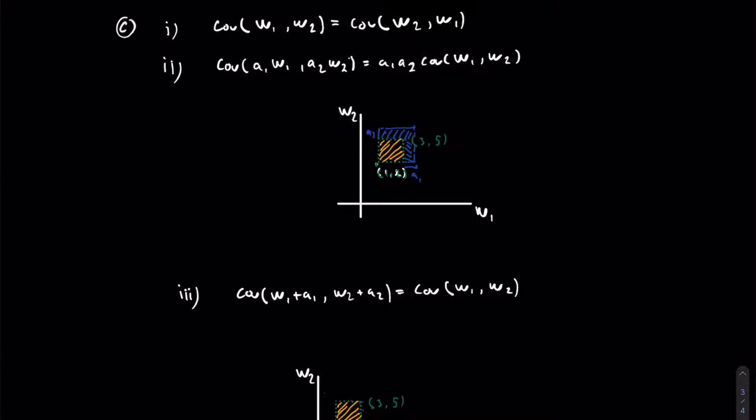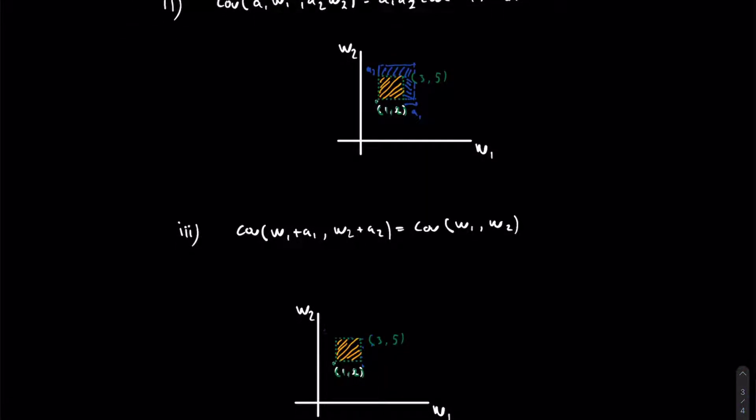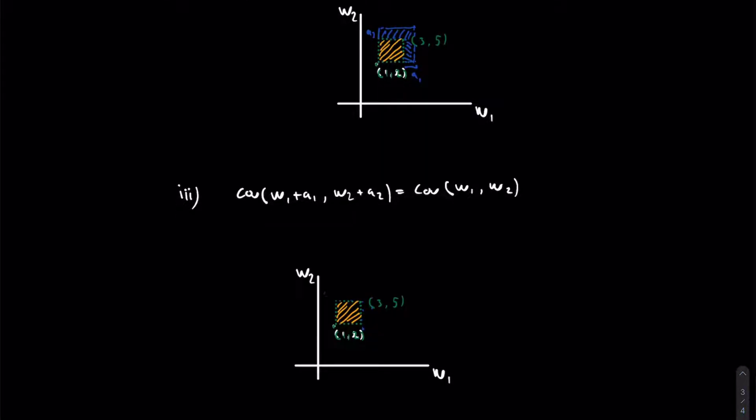I think that's important to say. We're saying that A is a scalar, so if you want to add half the amount of this W, then A would be 0.5, right? And in that way, if W was 4, you're adding 2, so A1 would be 2. So it's not entirely correct to say that you're just adding it like so. You're using a multiplicative term to create this extra area, but it's expressed in the scale of A.